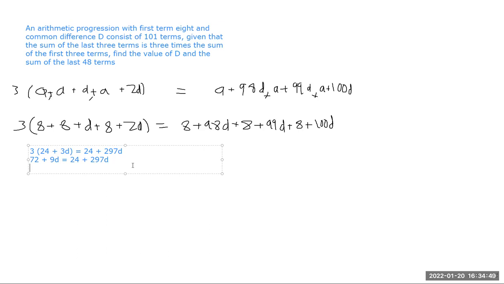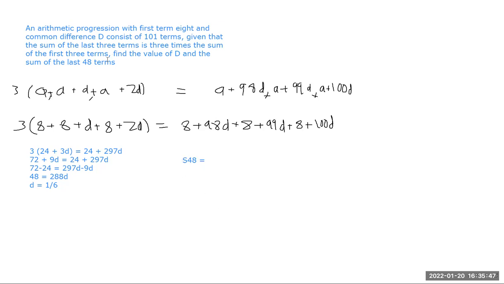Okay, don't throw away the D. It's not S48, you know.